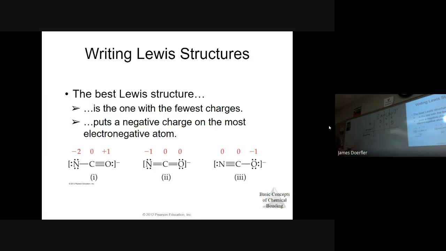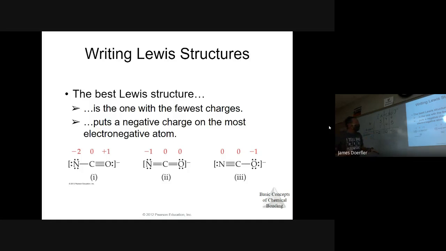So we go ahead and do our mathing. Minus 2 on there, 0, plus 1 there. And again, if you were to sum up these formal charges, you would end up with minus 1, which should match the charge on the ion. Okay? Now, does everybody understand this process?